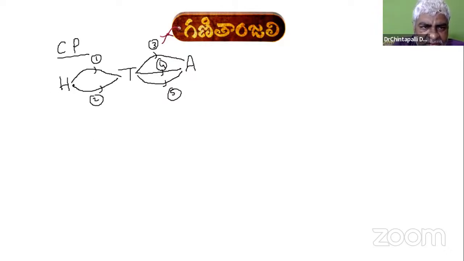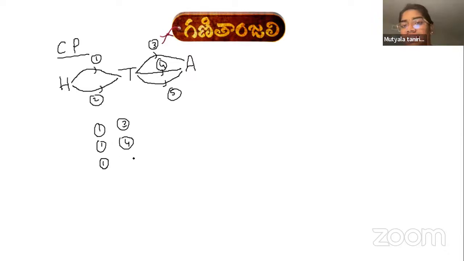He can travel on road 1 from Houston to Texas, and from Texas to Austin, road 3. Next, 1-4, 1-5, 2-3, 2-4, 2-5.